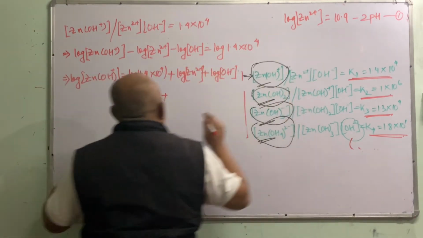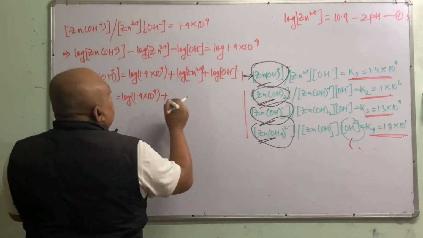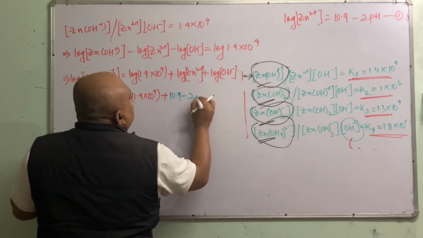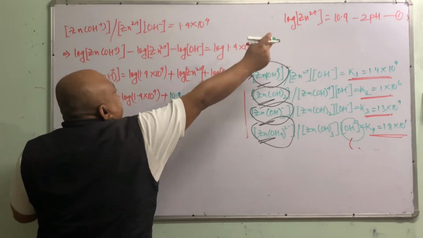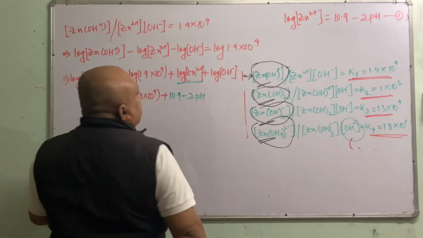We know this one. So this part, let me write with different colors. That is 10.9 minus 2 pH. I'm replacing that value in this. And what is log of OH-?